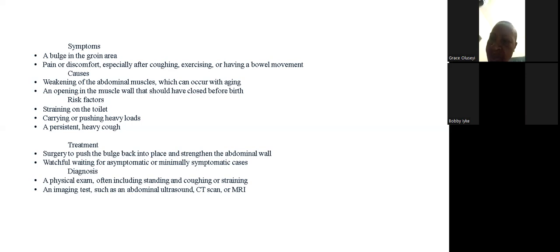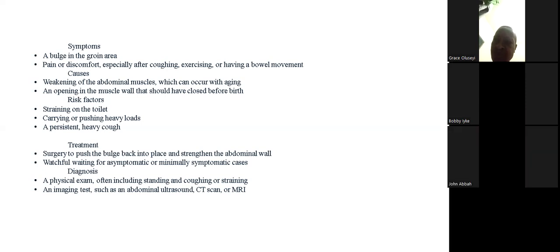Now, let's look at some of the causes of inguinal hernia. One, weakening of the abdominal muscles. So, weakening of the abdominal muscles is one of the predisposing causes. Now, when somebody is aging, age too plays an important role in a patient having inguinal hernia.